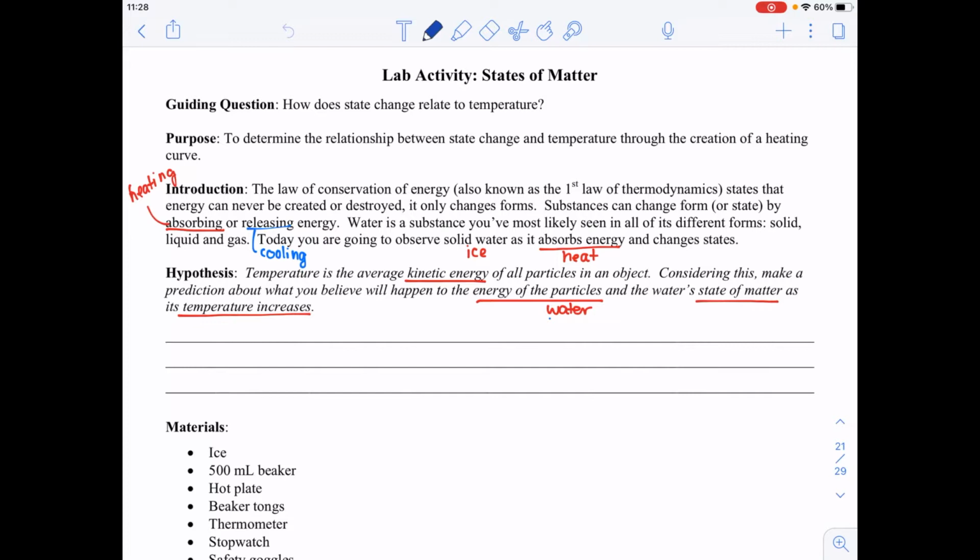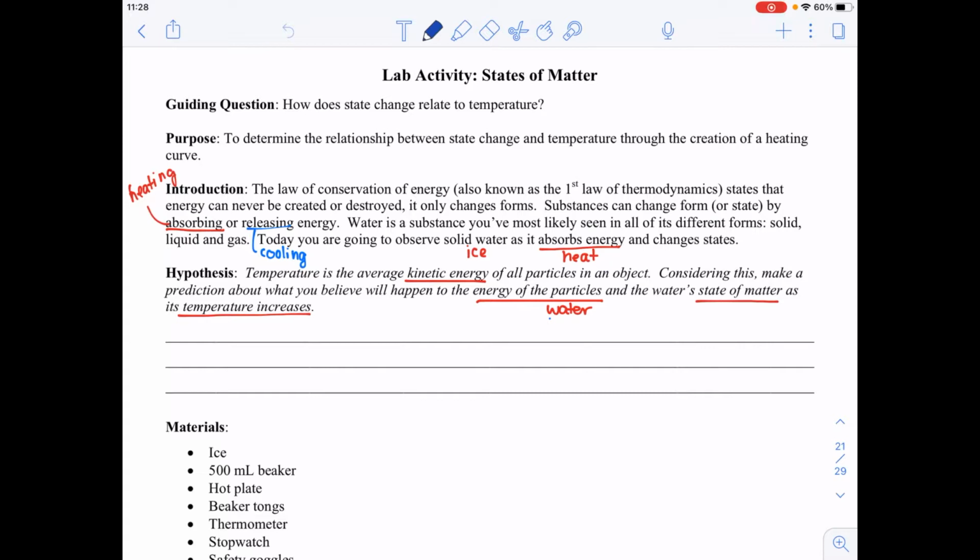We'll research this law further later in the year, but basically it says that the energy put in through thermal energy is then transferred to the water through kinetic energy. Remember, kinetic energy is the energy of movement.